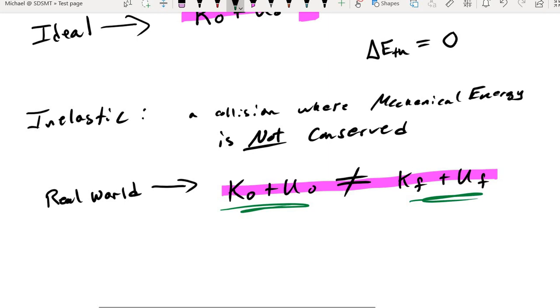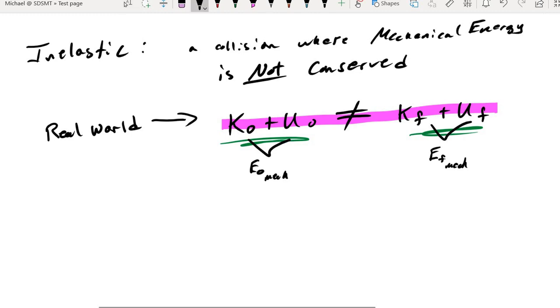But the difference in these values, over here we have a final mechanical energy. Over here we have an initial mechanical energy. What we can do is we can take the difference in the mechanical energies before and after the collision, and at the very least we can say that's not zero.